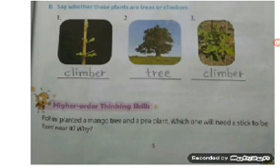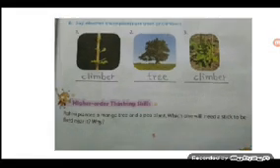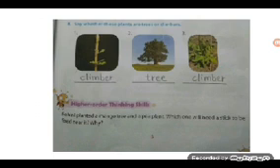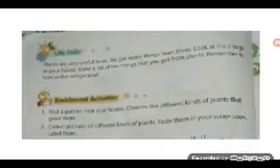Mango tree is a tree. It has a strong trunk, and pea plant is a climber. So, pea plant will need a stick to be fixed near it. Why? Because it cannot stand on its own. Okay, so you are just going to discuss this answer with your parents.